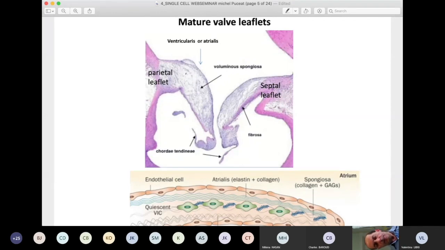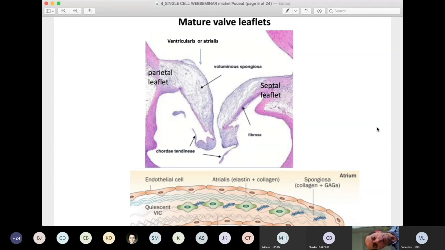In the mitral valve, you can see here, for example, the septal leaflet, which is the leaflet at the side of the septum, which separates the 2 ventricles, and the parietal leaflet, also called the mural leaflet, which is the leaflet beside the ventricular wall.